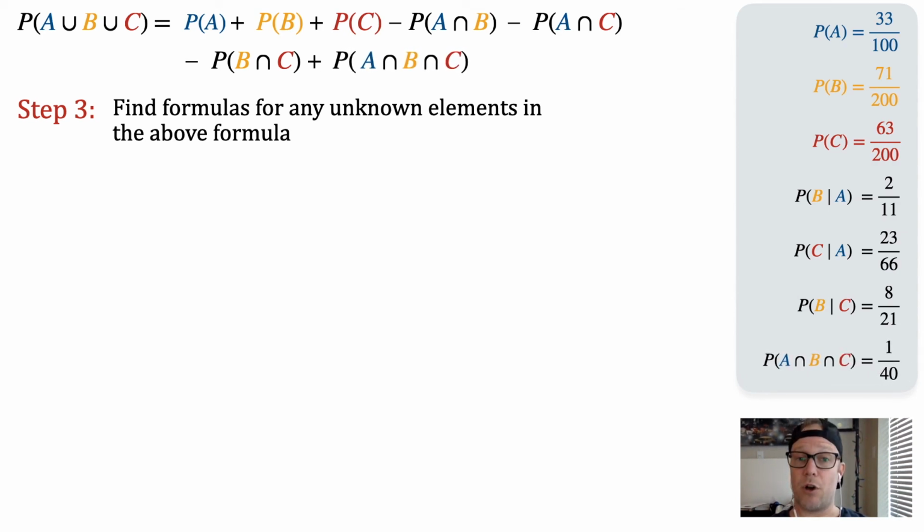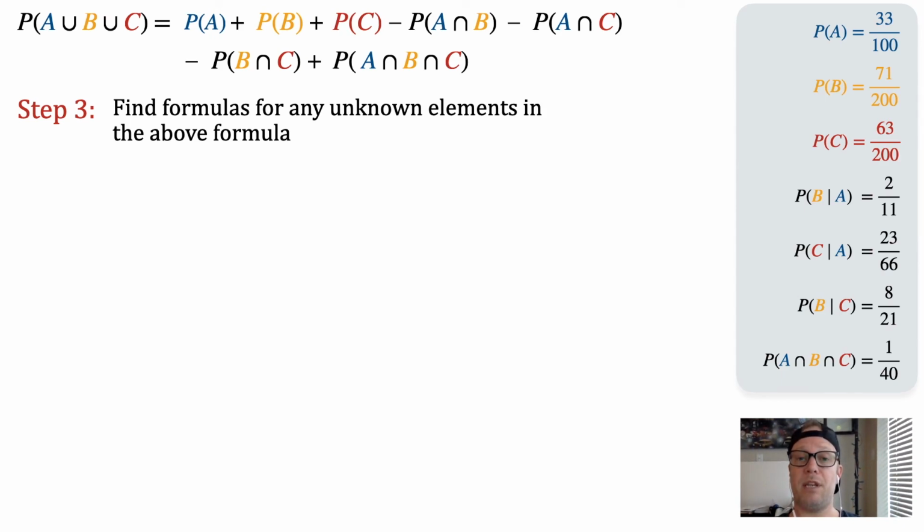What we don't know are the probabilities of the double intersections. So we need to find a way to take what we know, the stuff in the gray box, and replace the things we don't know in our formula for our question.